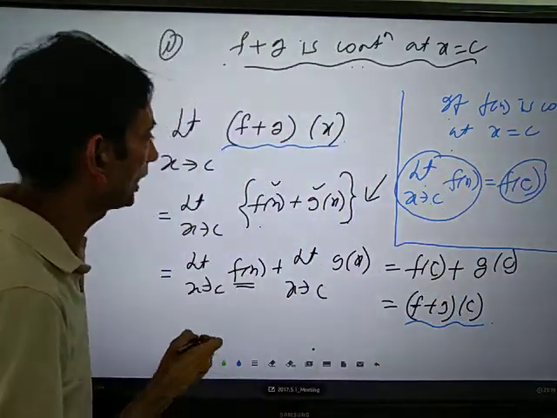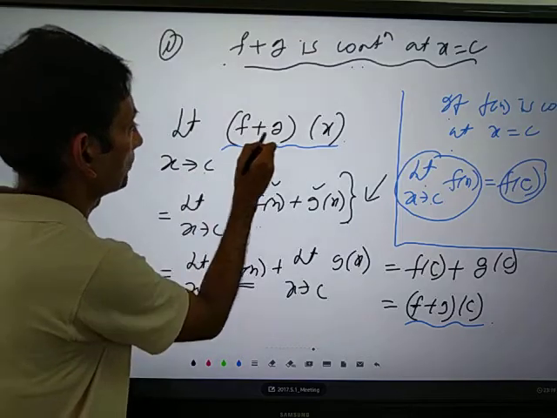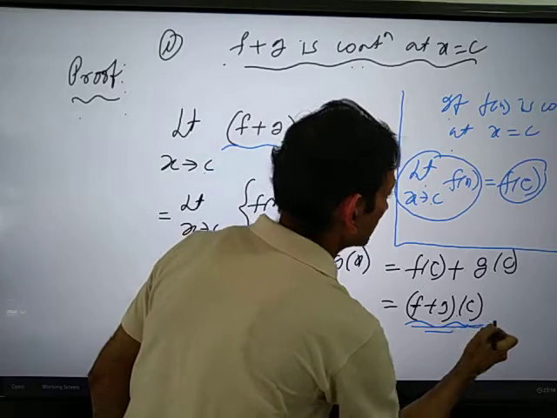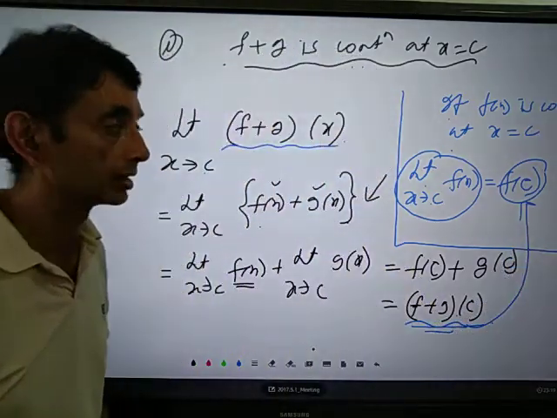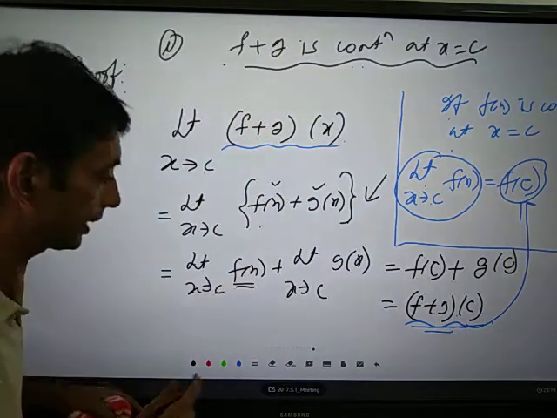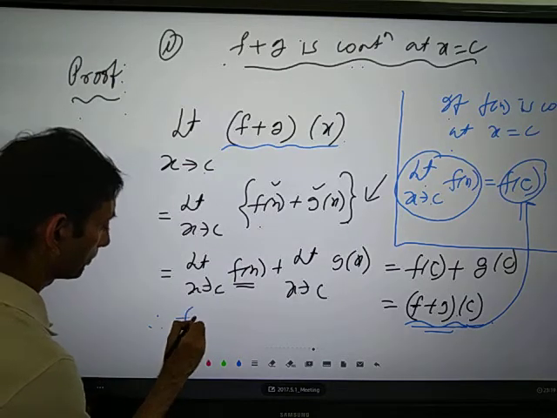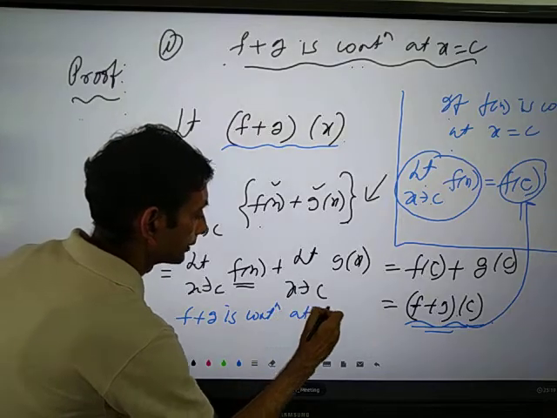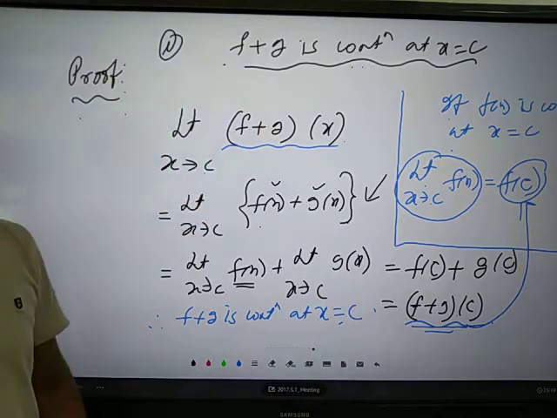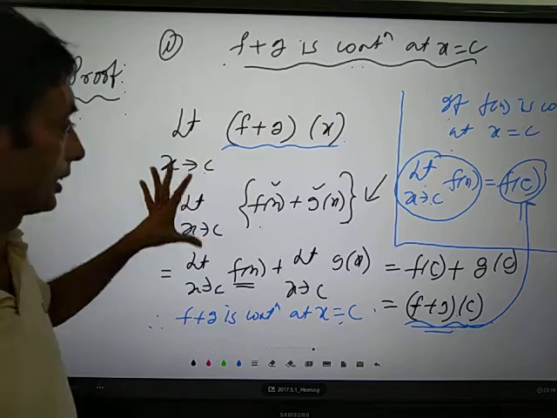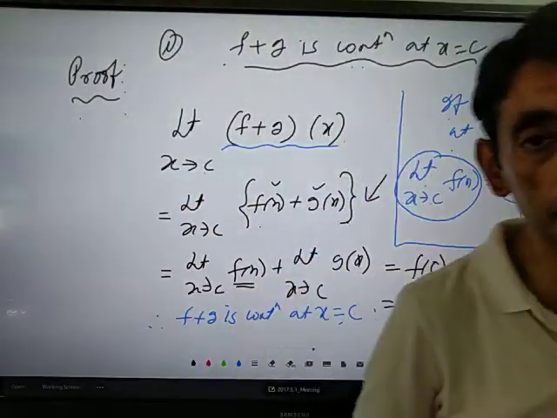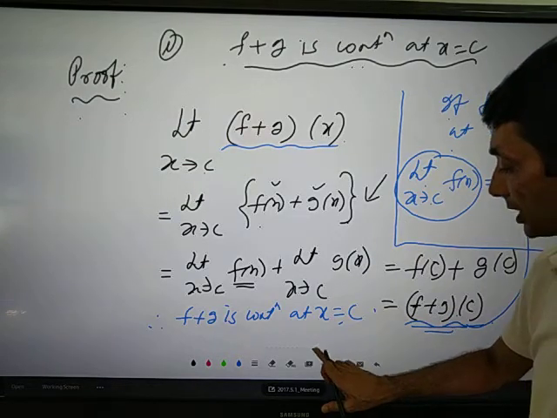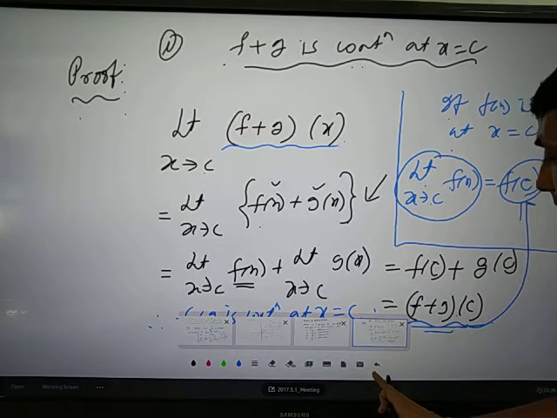Here also we have proved that limit as x approaches c of (f plus g)(x) is equal to (f plus g)(c), which is the functional value. So with the help of this, you can say therefore f plus g is continuous at x equal to c. The other proofs are exactly similar to this. You can prove the rest by yourself. I'll move to some other questions.